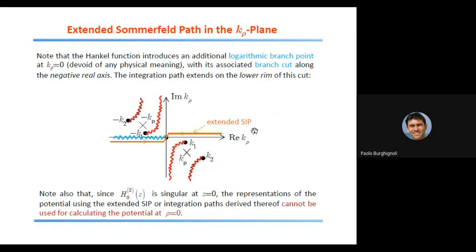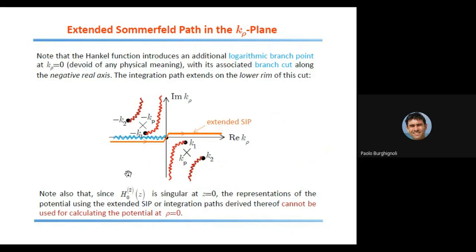Note that in this extension of the integration path, we have lost something. What we have lost is the possibility of calculating the potential on the z-axis, that is when rho is equal to 0. This is because when rho is equal to 0, since rho is in the argument of the Hankel function, you would need to calculate the Hankel function with the argument equal to 0, which is impossible because the Hankel function is divergent logarithmically when its argument tends to 0.